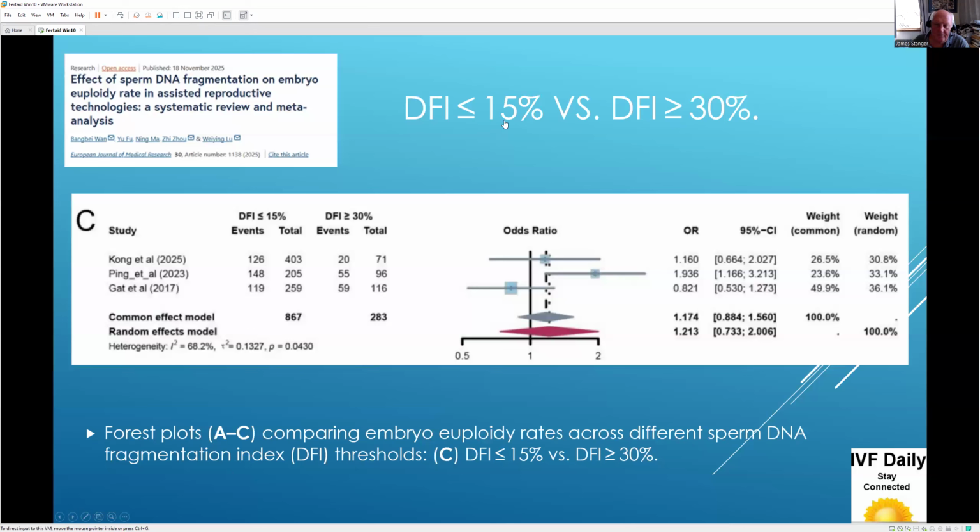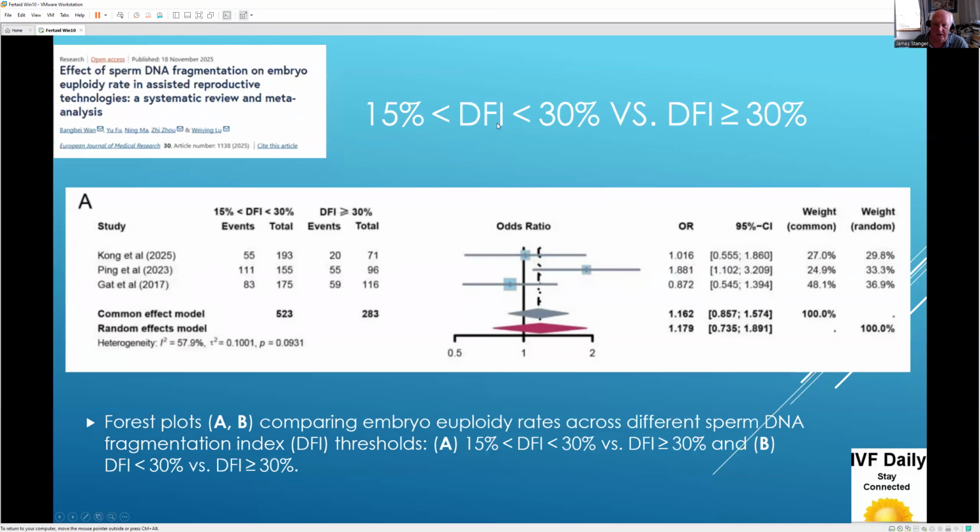But if you compare really good quality sperm, less than 50% DNA fragmentation, to more than 50%, it's not significantly different. You see the ratio is overlapping the even bar. If you then compare high DNA fragmentation to moderate samples, you can see there's a trend here, but it's still not significant.